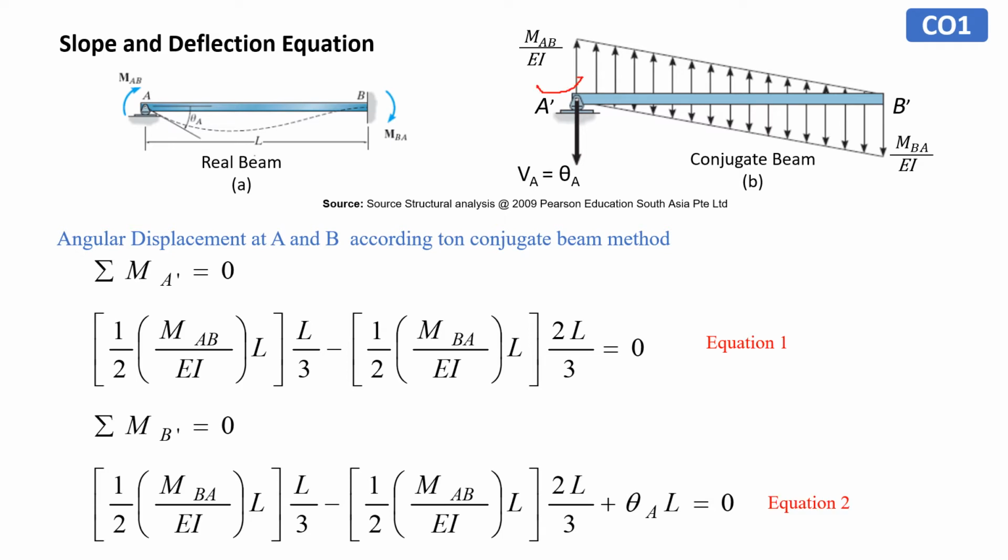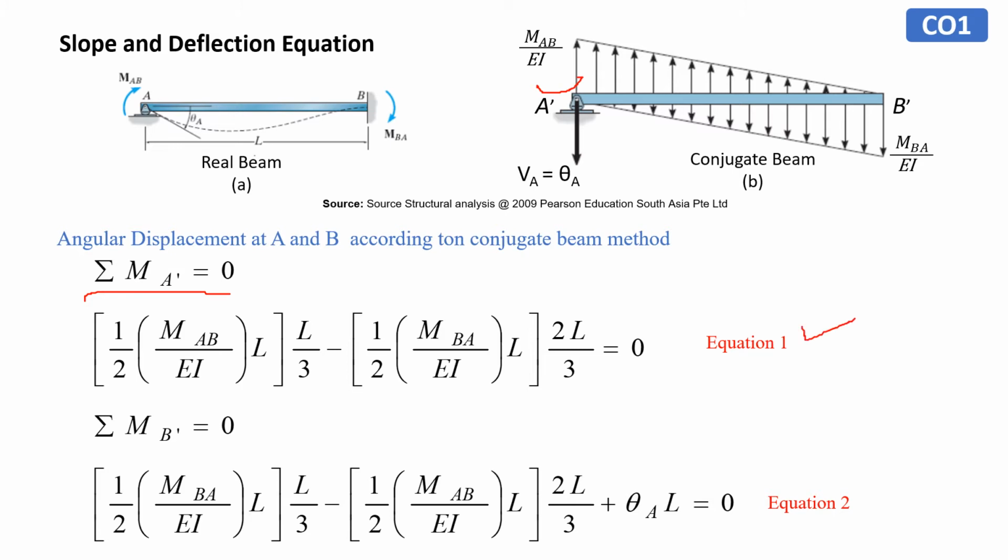At A, the moment at A is equal to 0. We know that this is a triangular loading, so considering 1 by 2 M AB upon EI into L by 3 minus 1 by 2 M BA upon EI into 2L by 3 is equal to 0. This will be our equation number 1.